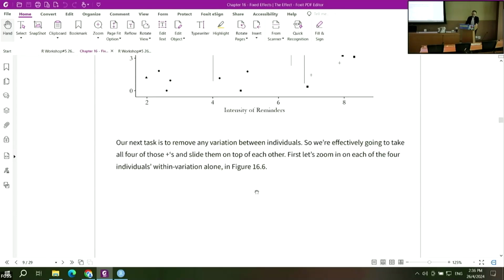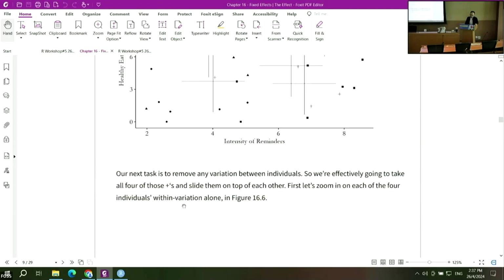All right, our next task is to remove any variation between the individuals, so that we can evaluate the average effect across the 4 people. We're effectively going to take all 4 of those clouds of points and slide them on top of each other.